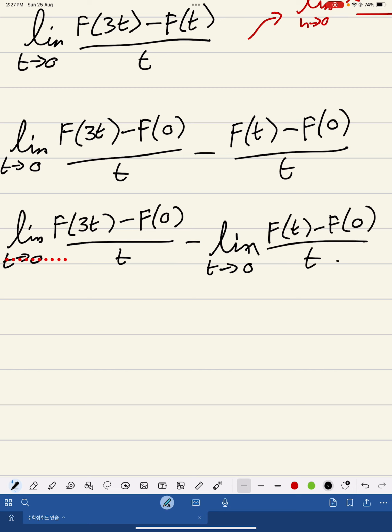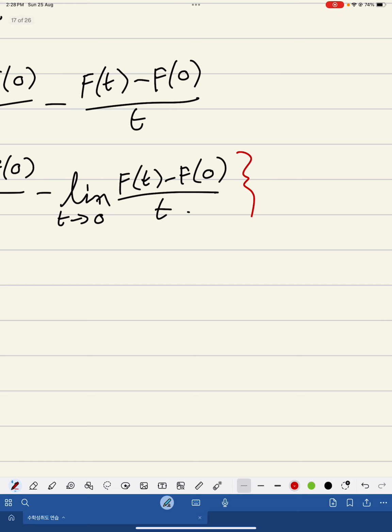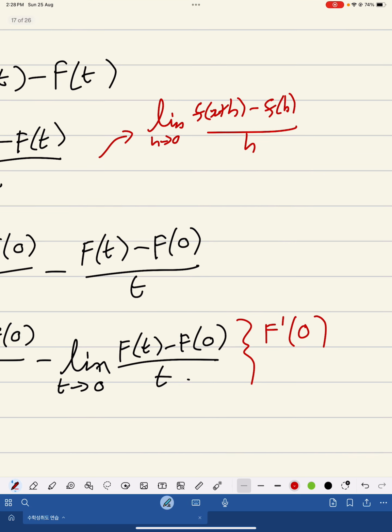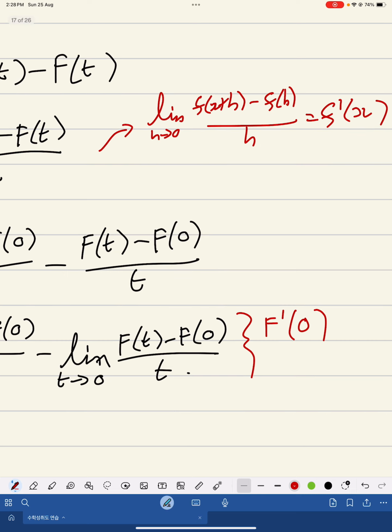Now notice that this part is equal to capital F prime of 0, right? Because this is the formal definition of a limit, so this is where x equals 0, because this is F prime of x. So when x is 0, this is what we get.